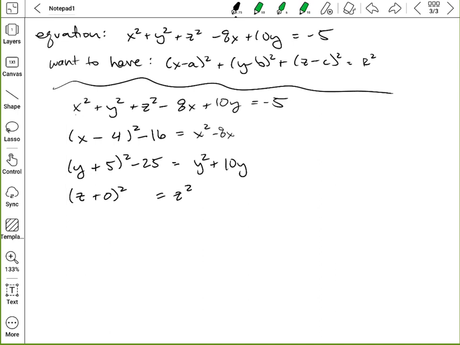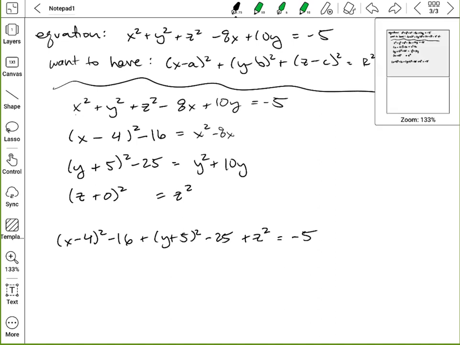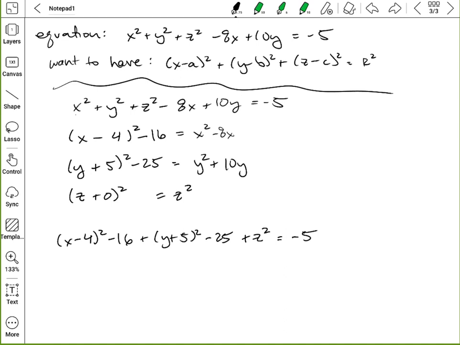And so now I have x minus 4 squared minus 16 plus y plus 5 squared minus 25 plus z squared is equal to minus 5. And then I want it to be in this form where all the squareds are on one side with the x, y, and z, and then with the radius just on the other side, the standalone numbers. So I'm going to go ahead and rearrange that.